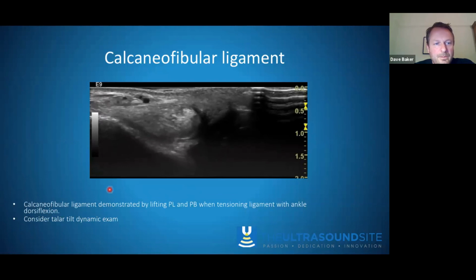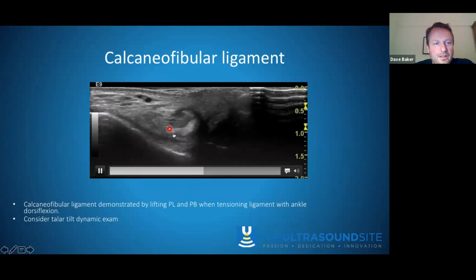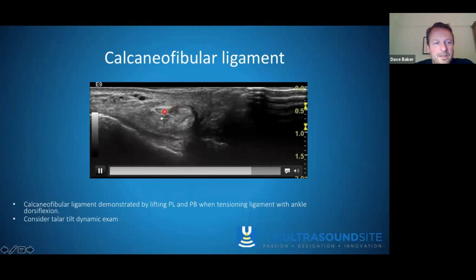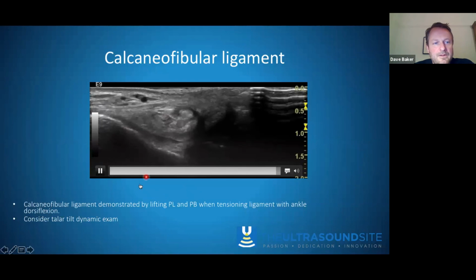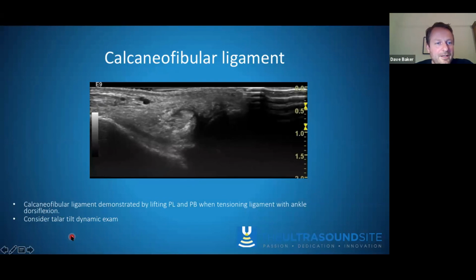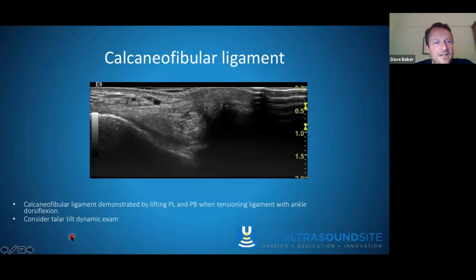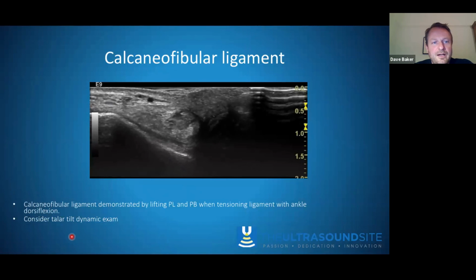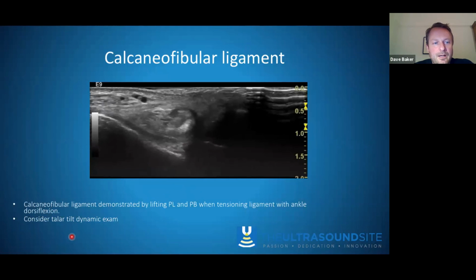If we look on top of the ligament there, we're actually looking in cross section at the peroneus longus and peroneus brevis tendons. Now here they look almost like a little coffee bean or a little yin and yang sign. And as you tension the ligament, you'll see that the tendons are actually lifted up and away by the ligament.